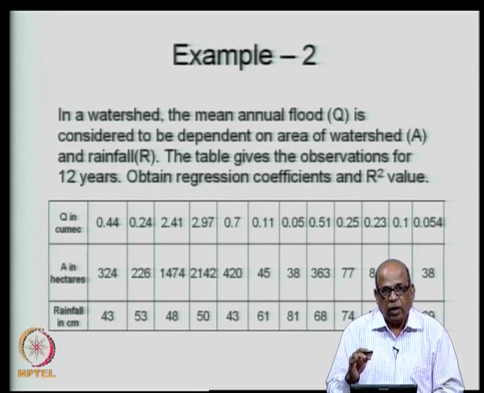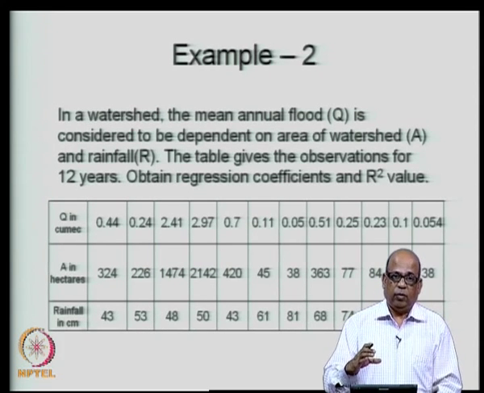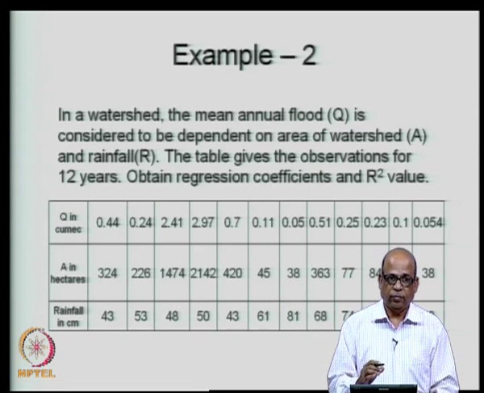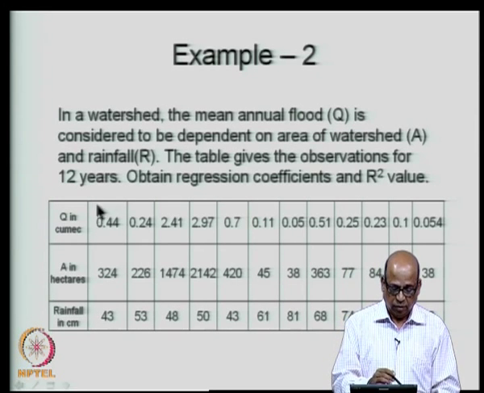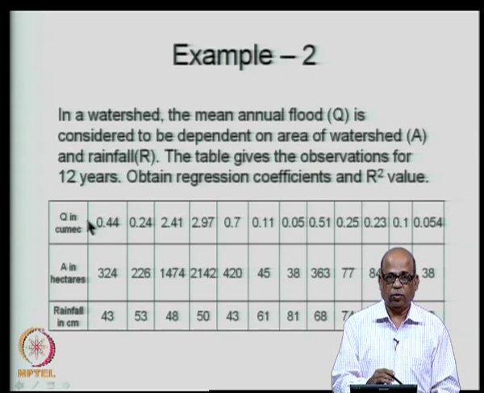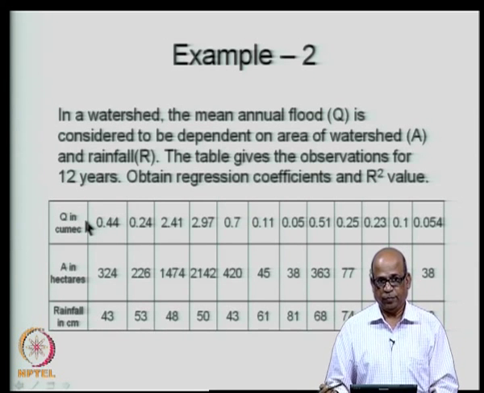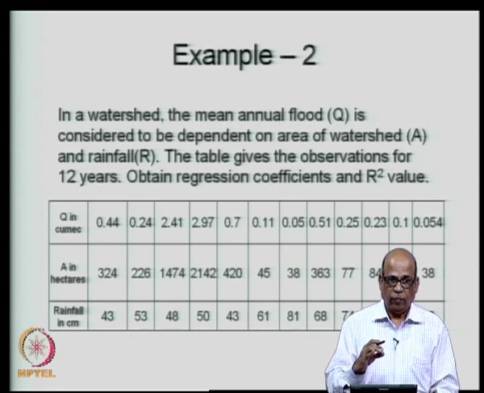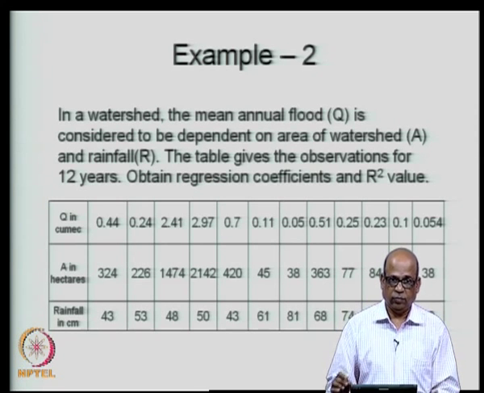We look at the mean annual flood in a particular watershed. What I mean by that is, let us say we have collected data from several watersheds on the maximum discharge that has occurred over a few years. We are picking up the maximum discharge and then we want to relate it with the area of the watershed and the rainfall.